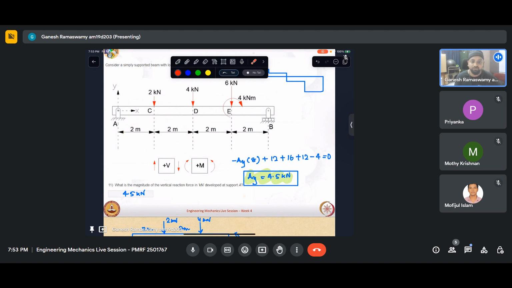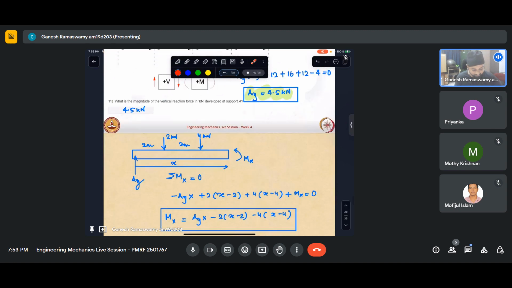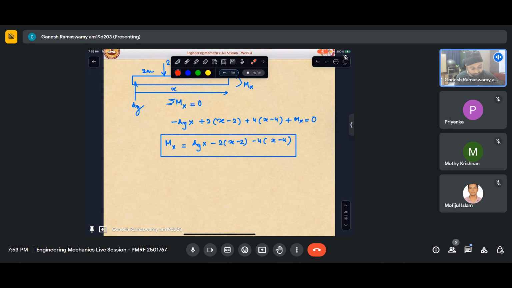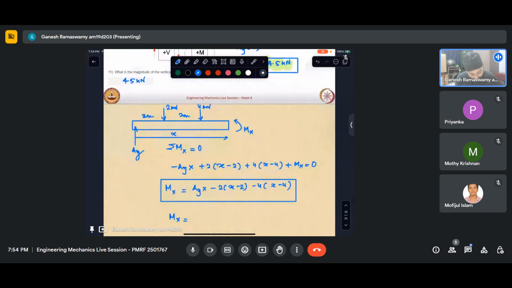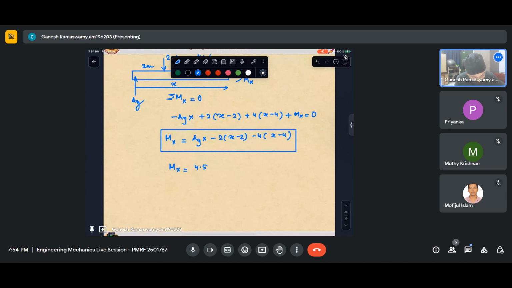So with this equation, if I substitute x equal to 4, I'll be able to see that this contribution already gets nullified and I can get my bending moment easily. So let us go ahead and do that. It is 4.5 into 4, which is 18, minus 2 into 2, which is 4, which is 14 kilonewton meter.